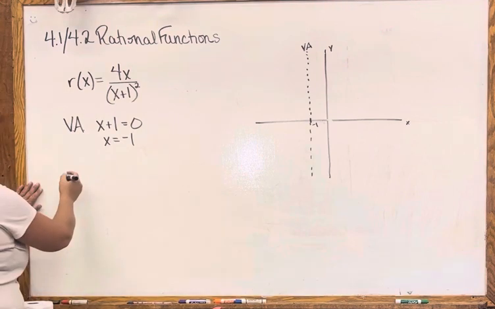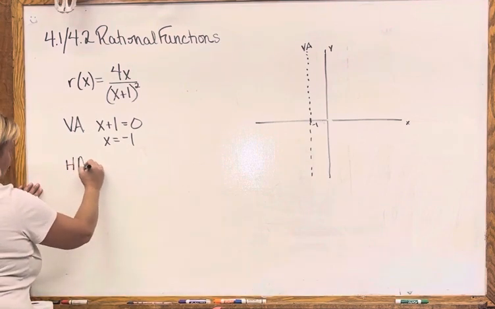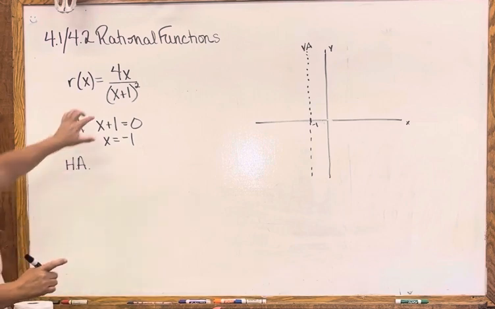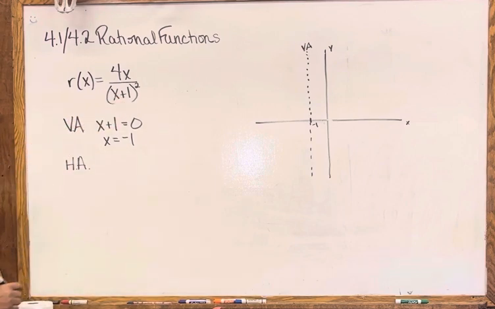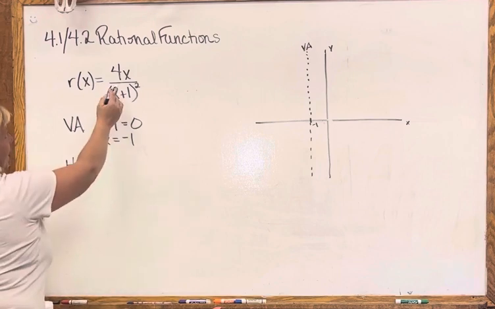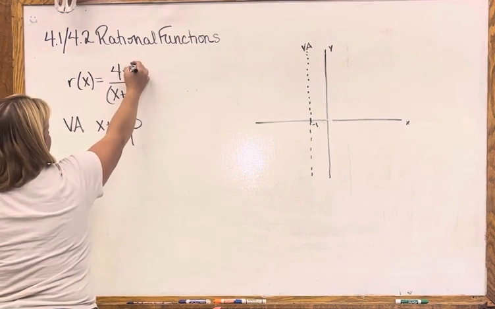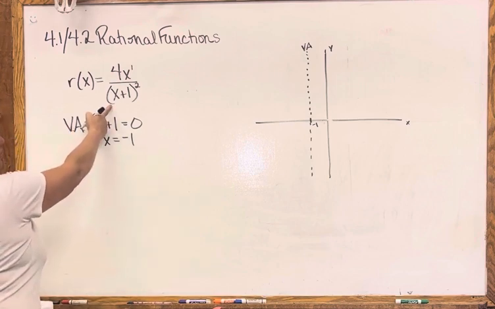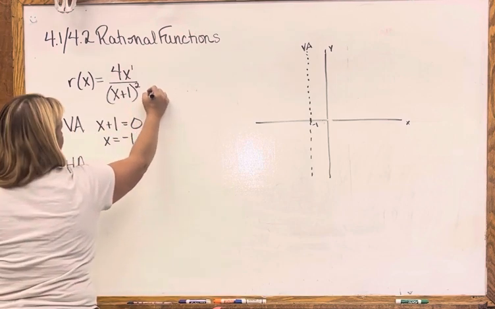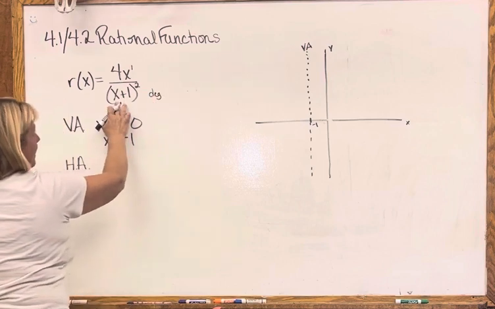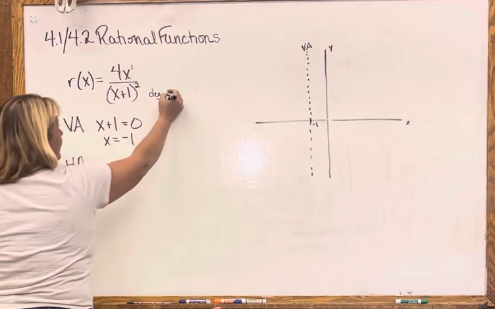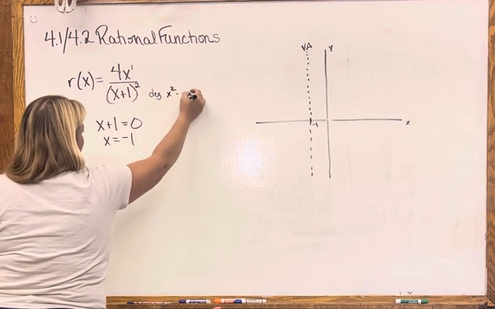And then we're going to go with our horizontal asymptote. Now on this one, you need to be just a teeny bit more careful because of the way the bottom is written. So when we look at our degree on the top, the degree on the top is 1, but what's the degree on the bottom? Right now it might look like just 1, but if we FOIL this out, it's actually going to be x squared plus more terms.